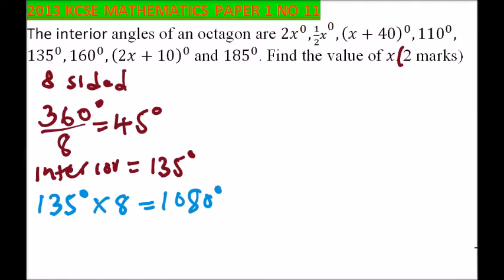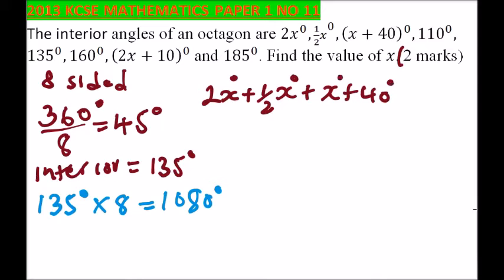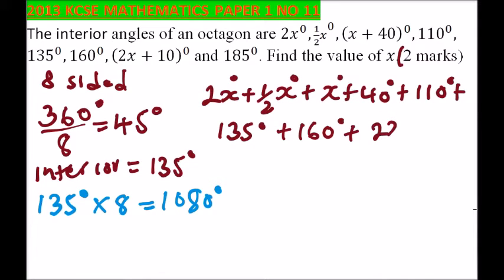So we say this is 2x plus a half x, these are degrees, plus x plus 40, plus 110 plus 135 degrees plus 160 degrees plus 2x plus 10 degrees plus 85 degrees.